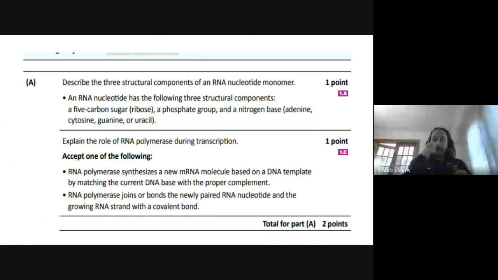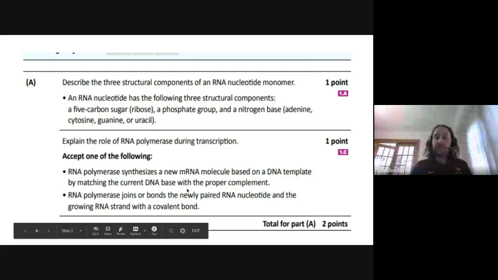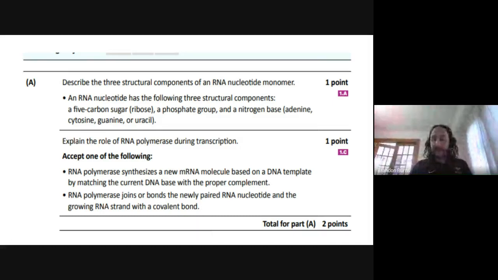So as you're thinking about writing this out, whenever you see the keyword explain, you need to give as complete a description as possible of how that specific process works, or what that specific role is. Now, you don't need to go beyond what RNA polymerase does in transcription, but you do need to explain exactly how RNA polymerase carries out transcription to earn that point. Okay. If there's questions on that, hop in. Otherwise, I'll move on.